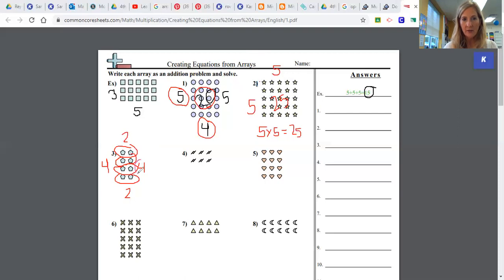How many rows do I have? 4. How many in a row? 2. It didn't really matter which side or top or bottom I got the information from. I just needed the data. And so altogether, how many pentagons are there? There's going to be 8. Factor, factor, product.